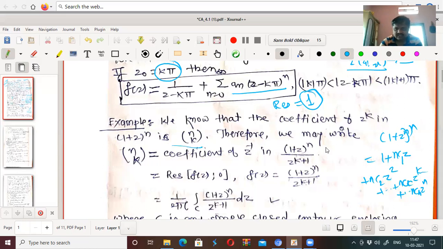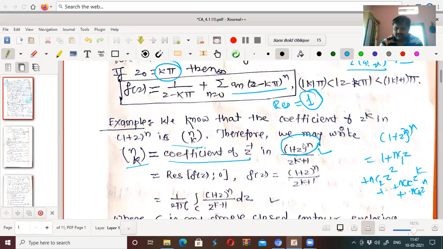Therefore, we may write nCk as the coefficient of z raised to minus 1 in (1 plus z) raised to n upon z raised to k plus 1. Why are we writing this? nCk is the coefficient of z raised to k in this expansion of (1 plus z) raised to n.